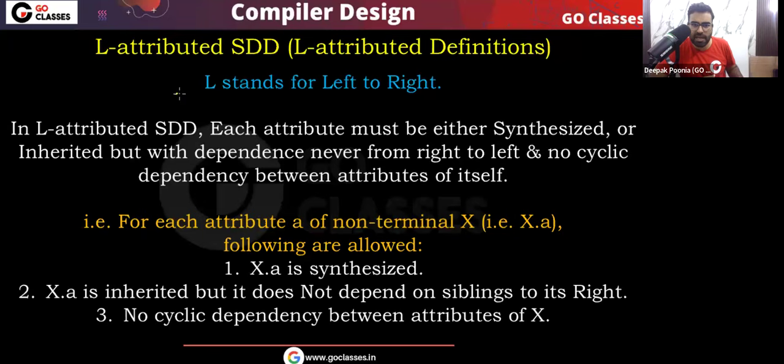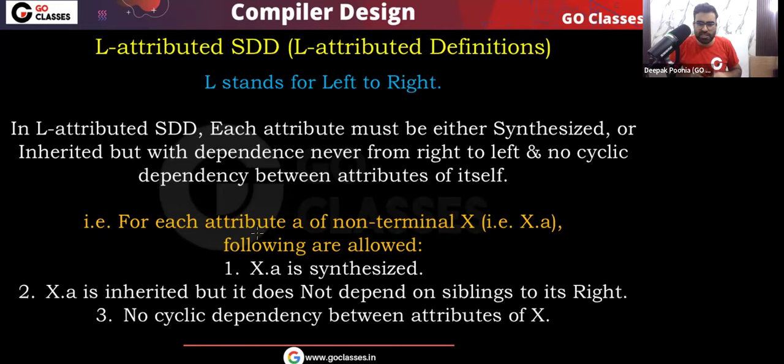Remember, L means left to right. From the left sibling, you can take data. You can depend on the parent also, and on yourself, but you cannot depend on the right sibling. Is this point clear? Very simple.